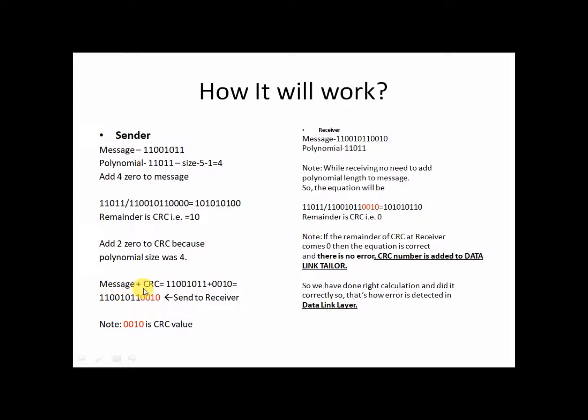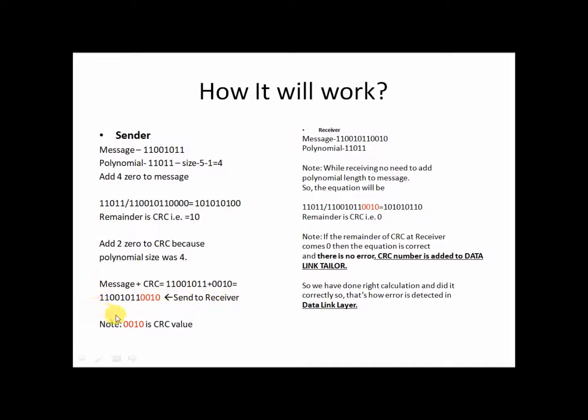The message plus CRC is equal to this: this is your message, and this is the number we got as 00, and as instructed, 2 zeros are added from the left side. So 0 and 0, then 1 0. This is the message and this is the CRC number.